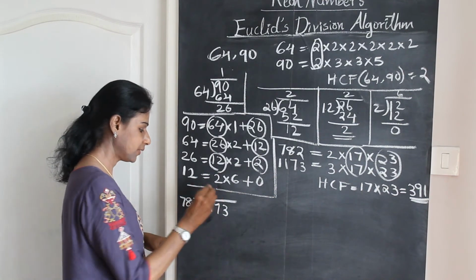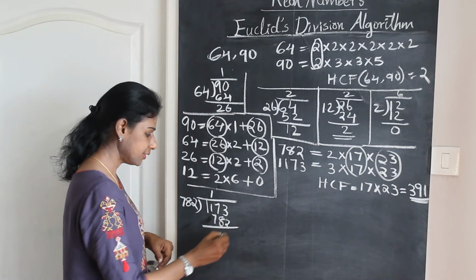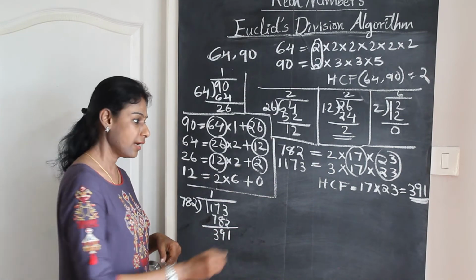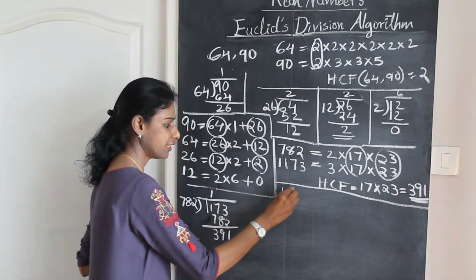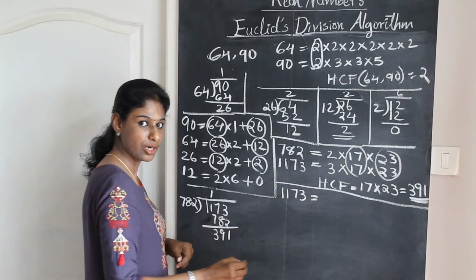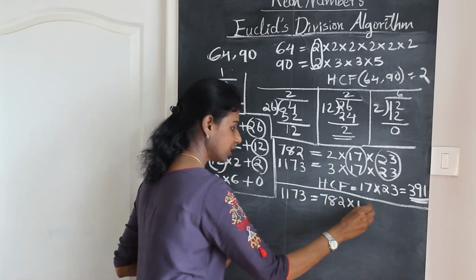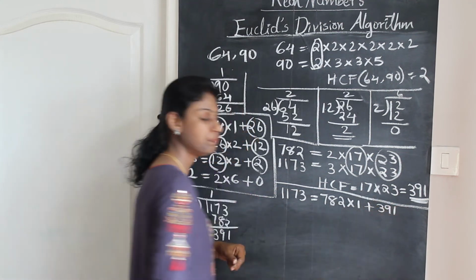One time. So you get 782 and the remainder will be 391. And write the dividend, that is 1173, is equal to divisor 782 multiplied by the quotient 1 plus the remainder, that is 391.